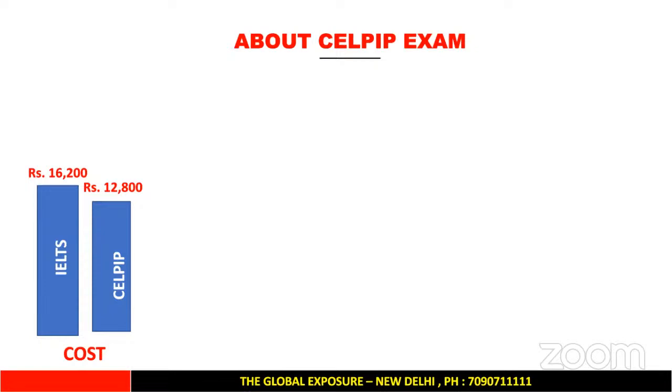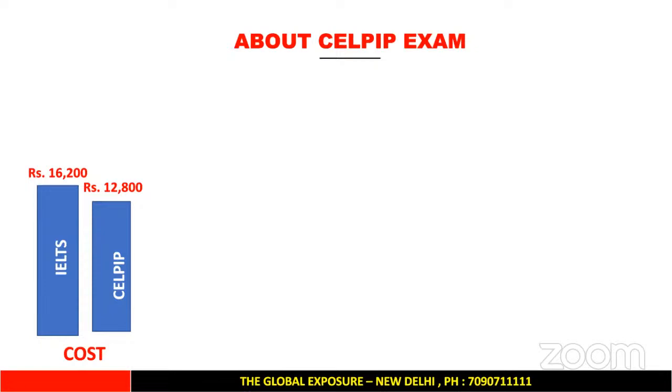Let me explain that there are certain colleges and universities which are not right now accepting this CELPIP score for admission purposes. These are a very handful of colleges and universities, and mostly they are accepting the CELPIP exam for study purposes.